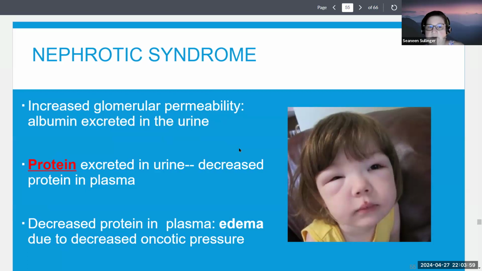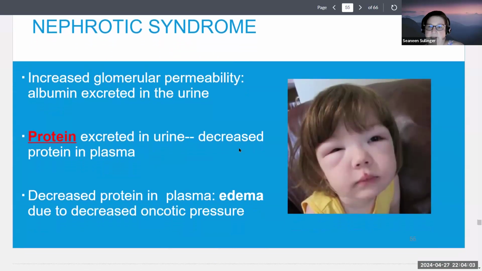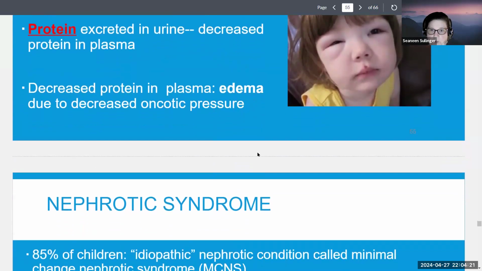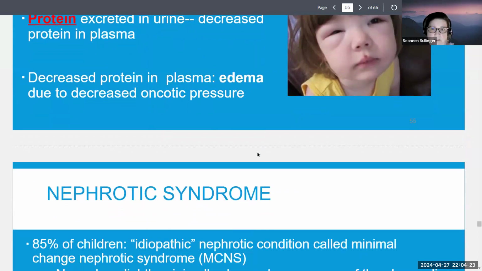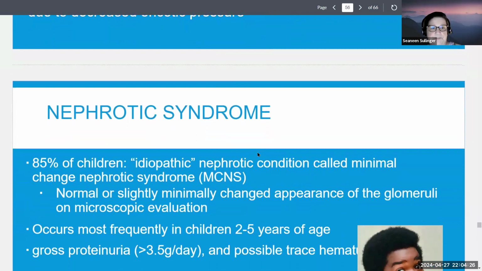The protein is excreted in the urine, and so you have decreased protein in the plasma. Compared to glomerulonephritis, there is much more protein lost in the urine. And then you end up with edema. You see the poor little girl there with the edema, because you have decreased protein in the plasma. There's decreased oncotic pressure, and so you get edema, which is seen in the face quite clearly there.